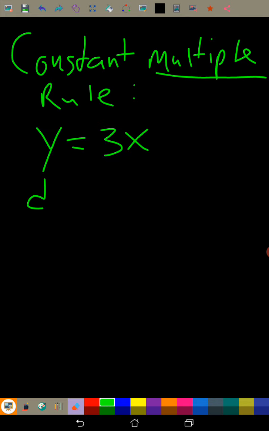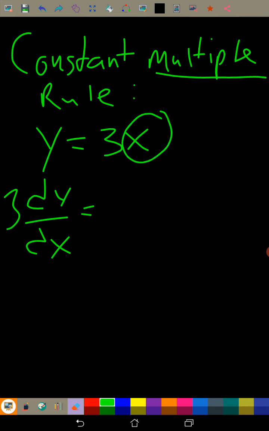So if we want to differentiate this, yeah, we can put the 3 outside, and then we differentiate x, which is 1, and then we say that it's just 3.